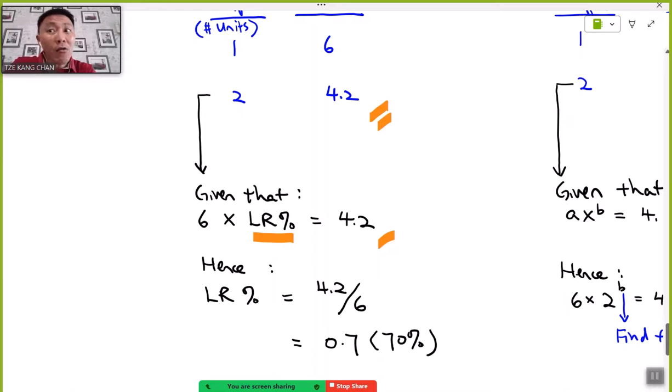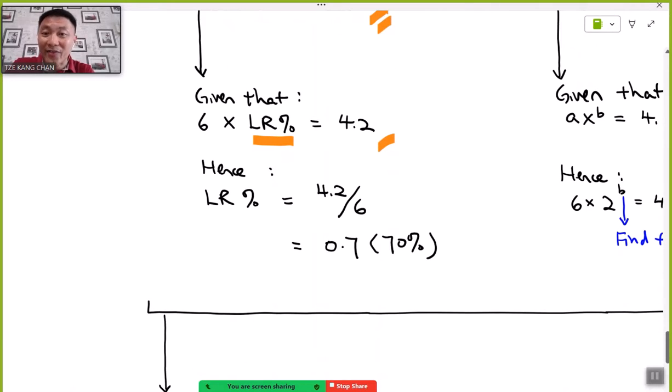It is now very simple mathematics: shifting the 6 to the other side and dividing it against the 4.2 gives rise to the learning rate. That is one of the easiest and most direct ways of deriving the learning rate.